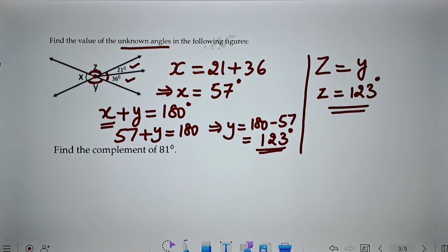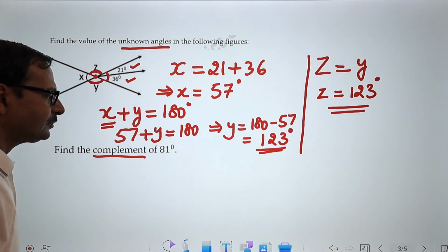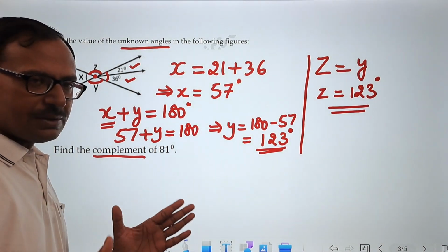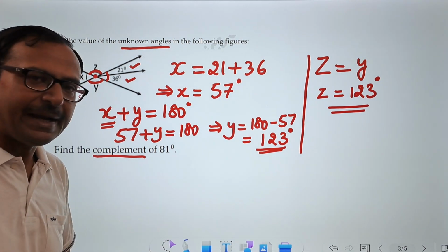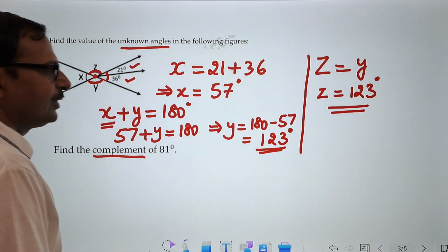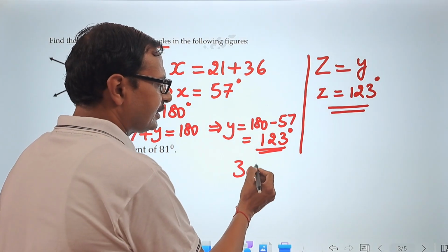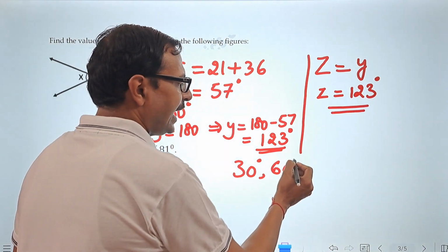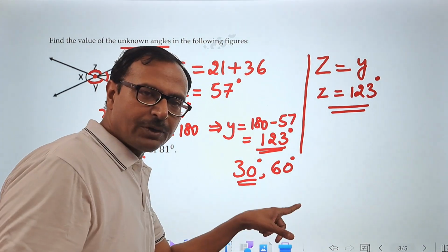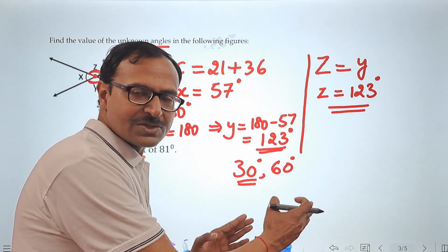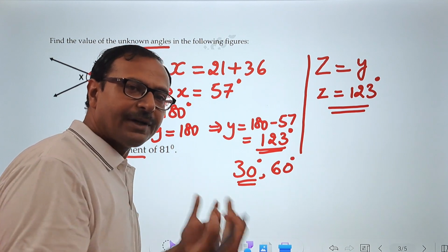Now come to the complement concept. Whenever two angles add up to 90 degree, they form a pair of complementary angles. So just for an example, 30 degree and 60 degree, they add up to 90 degree, right? So 30 degree is called the complement of 60 degree and 60 degree is called the complement of 30 degree.